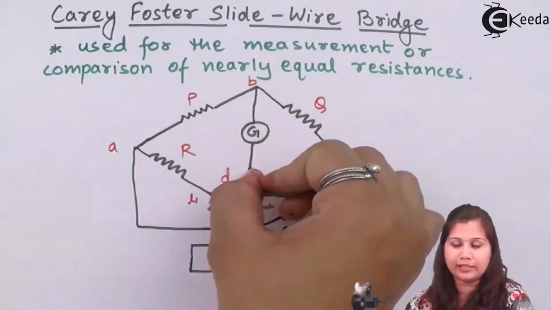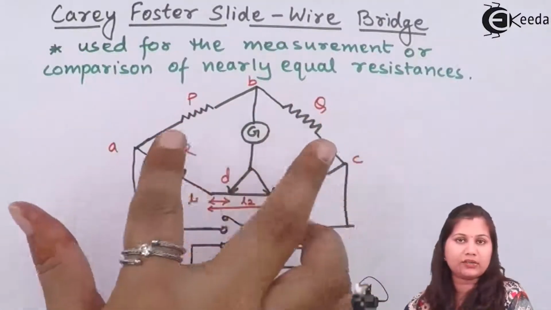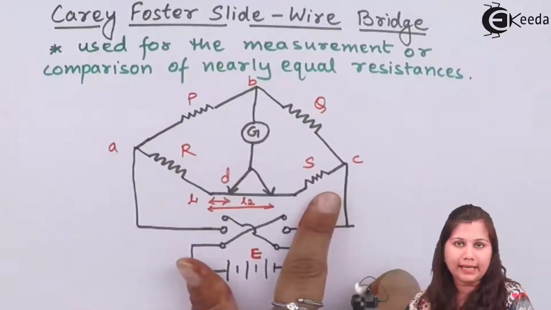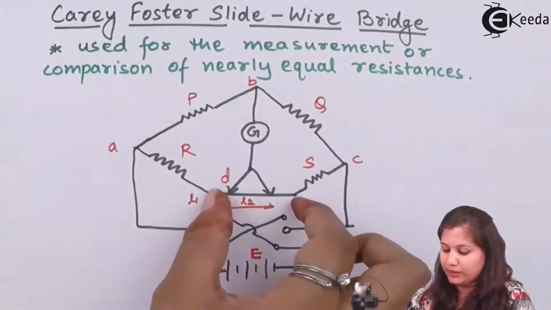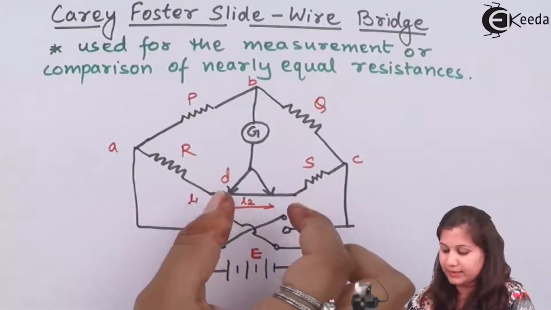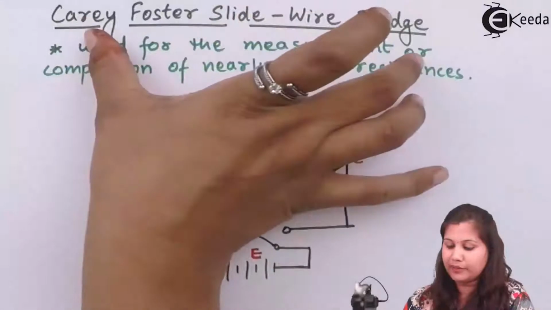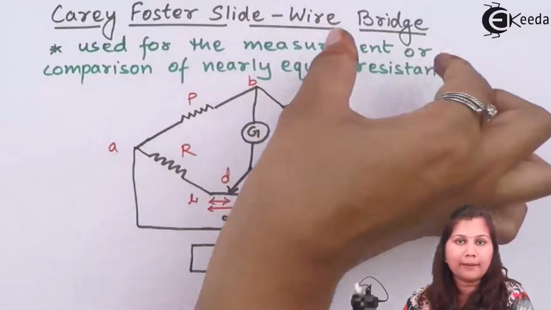At that condition, the ratio of these resistances, P by Q, is equal to R by S. Here in between, this slide wire is connected.